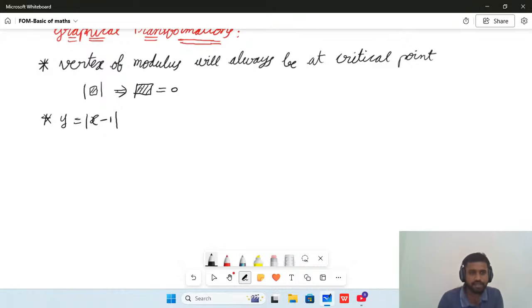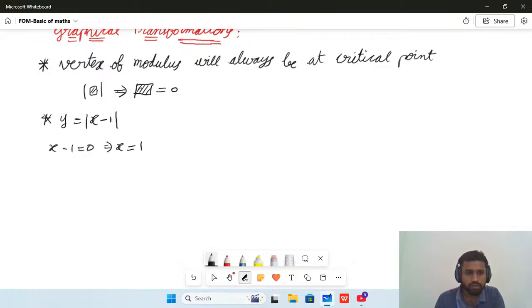Critical points are those points where the inside expression is becoming zero. So equate x minus 1 to 0 to know the critical point. x minus 1 equals 0 gives the critical point at x equals 1.